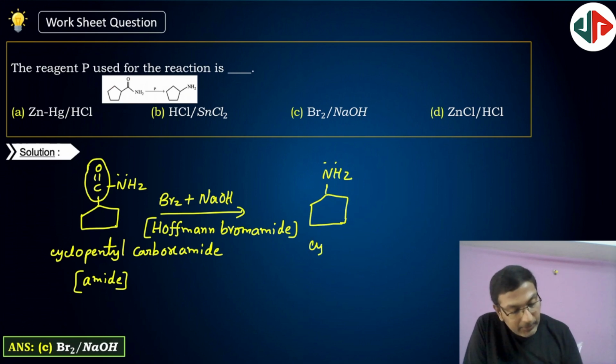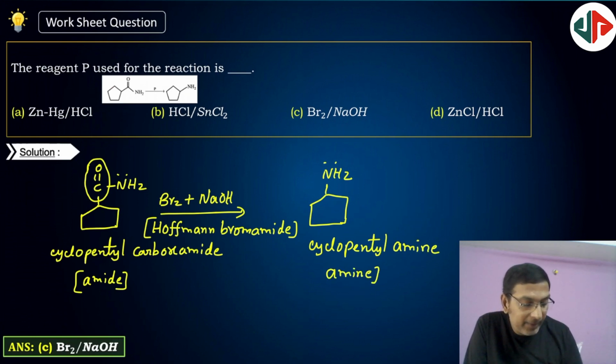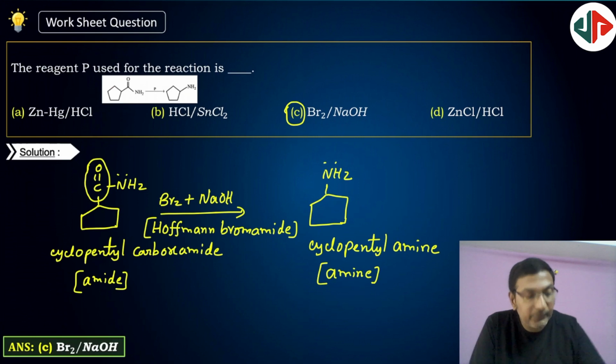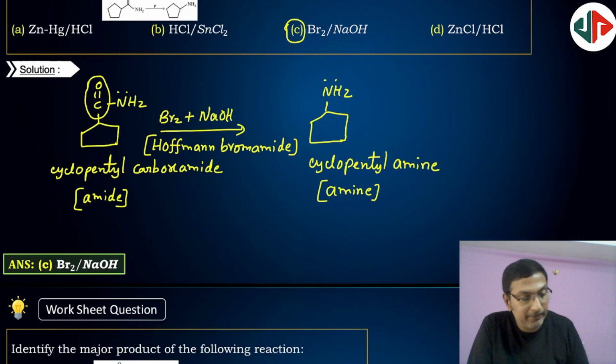So cyclopentyl amine, which is simply an amine. So amide will be converted to amine under the influence of Br2 and alkali. Hoffman bromamide or Hoffman degradation reaction. Therefore option C. Reagent is Br2 and alkali. Next.